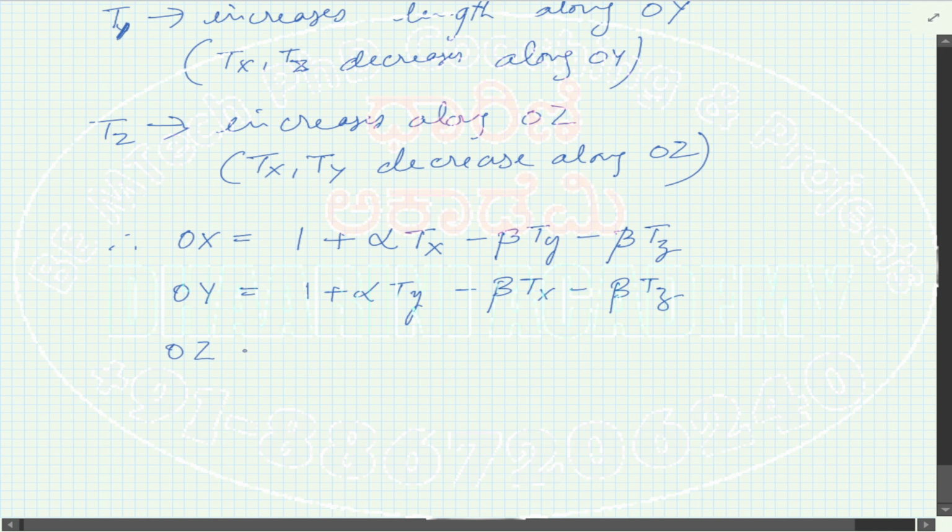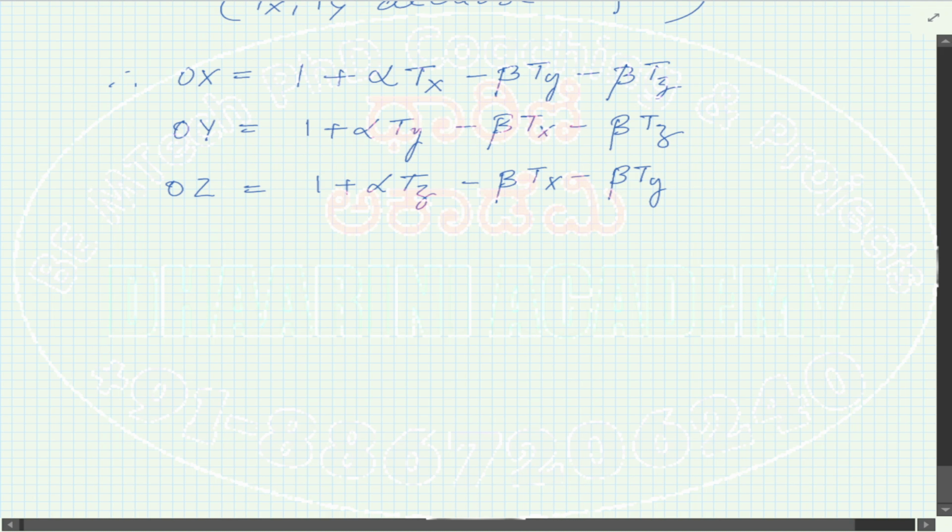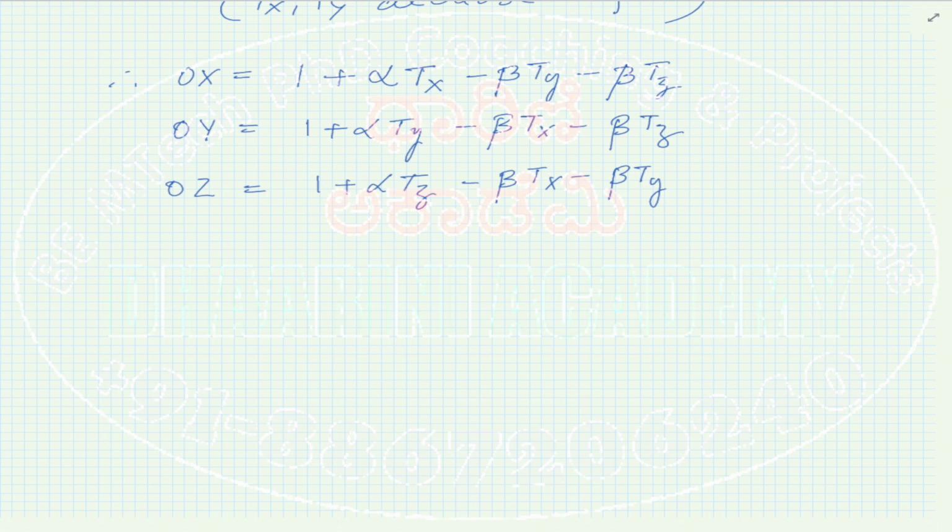And OZ is equal to 1 plus alpha times Tz minus beta times Tx minus beta times Ty. These are the three equations governing the increase and decrease in the lengths of the OX, OY and OZ axes because of the tensile stresses Tx, Ty and Tz.